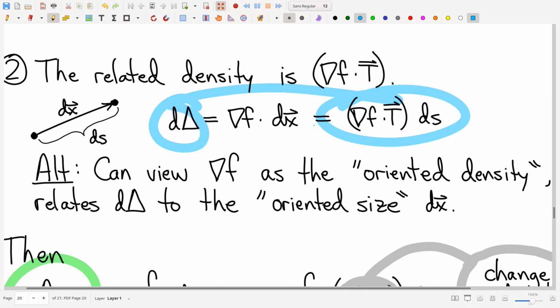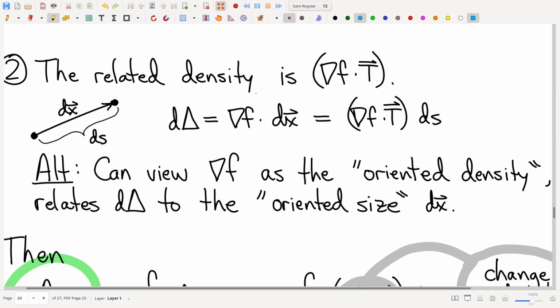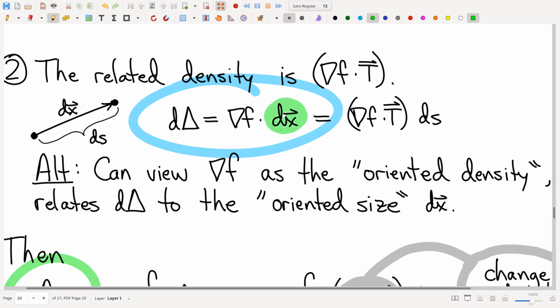So looking at what we have here, I'm going to try to make sense out of dx as being a kind of a size of sorts. I mean, after all, if you think about it, dx is literally a vector whose magnitude is literally the size. So dx is size and more. It's also telling you which direction this size is pointing.